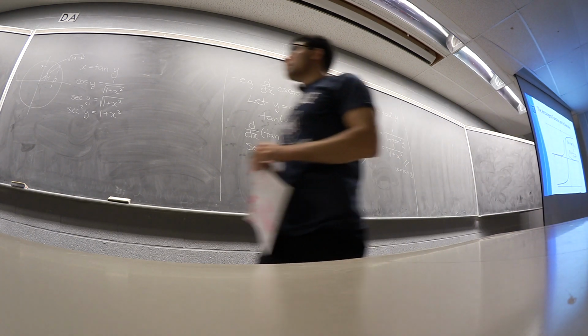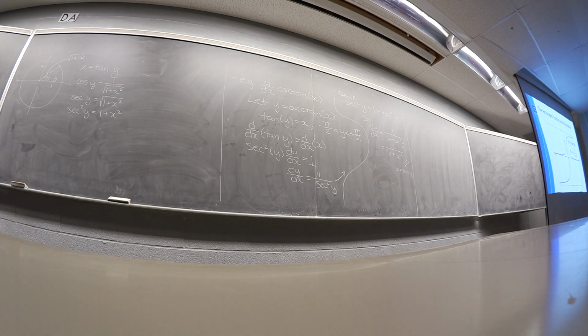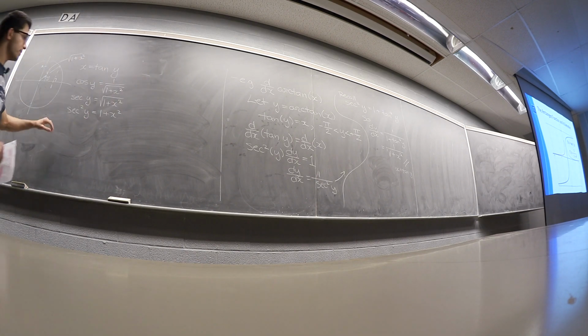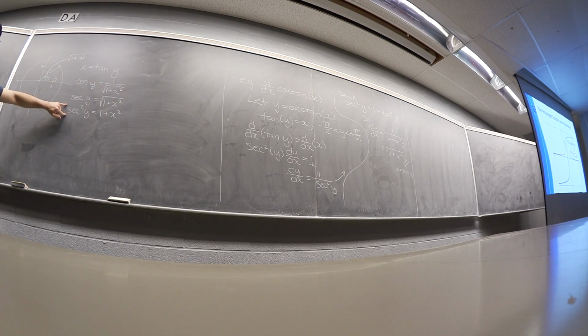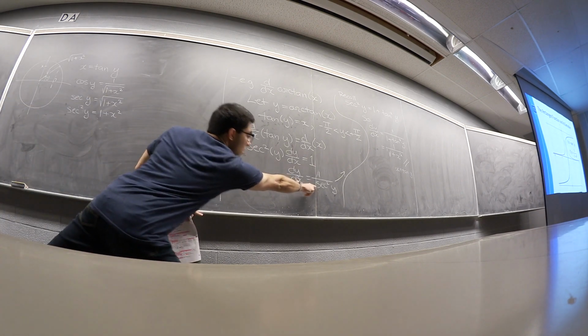Student: I just don't get how the last is not 1 over 1 plus x squared. Why, if you did it the other way, wouldn't it be 1 over 1 plus x squared? Because it's 1 over secant squared. So it's 1 over that. You plug this into there. Oh okay.